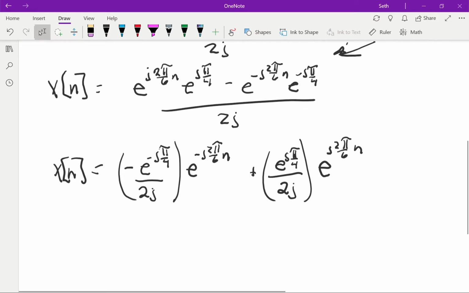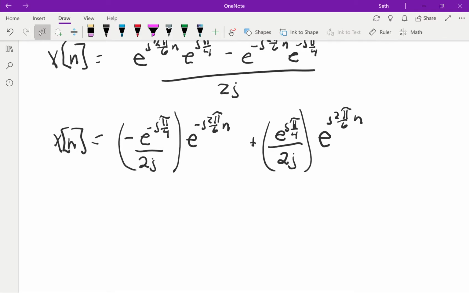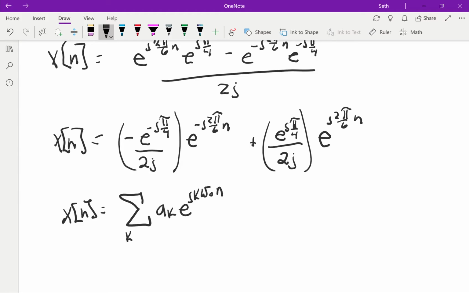So we know that x of n, the Fourier series representation, is the sum of a k e to the j k omega naught n, and k is our iteration variable.